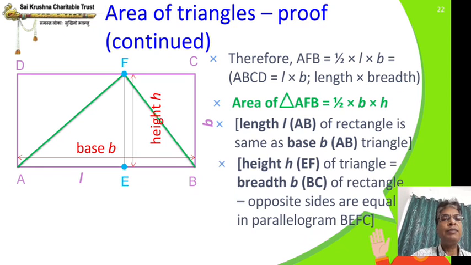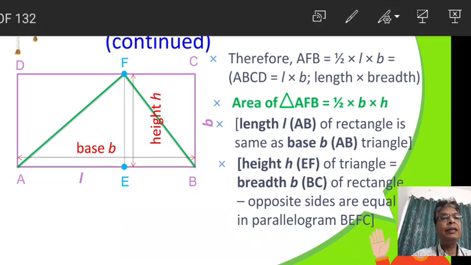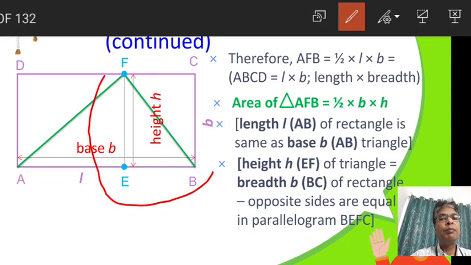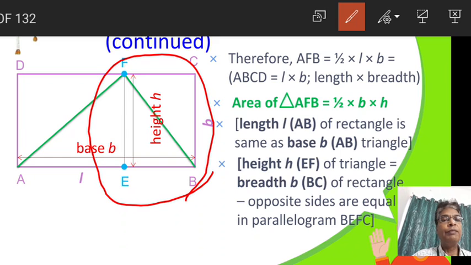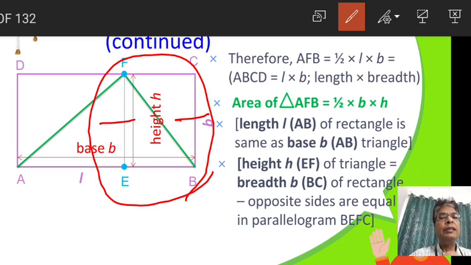But how am I saying height H equals B, because L into B is the rectangle. Here we are now changing L to B because L and B are the same. Now if you see again in this parallelogram, we have proved this as a parallelogram. Opposite sides of a parallelogram or a rectangle are equal. That is, this and this are equal. BC equals EF.